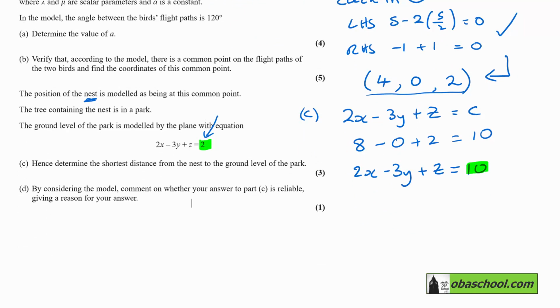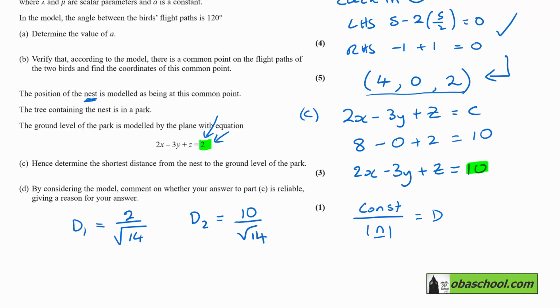So the way that it is related is that that constant divided by the magnitude of the normal is equal to the distance. So distance 1 is going to be 2 divided by the square root of 2 squared plus 3 squared plus 1 squared, so that's root 14. And the second distance is going to be 10 over root 14.